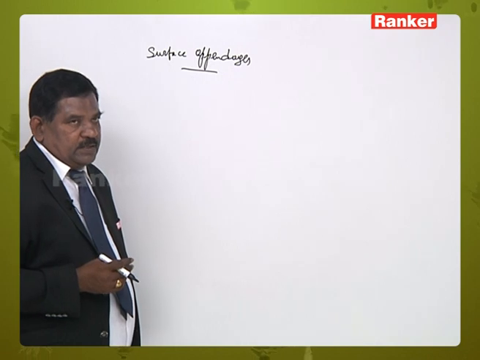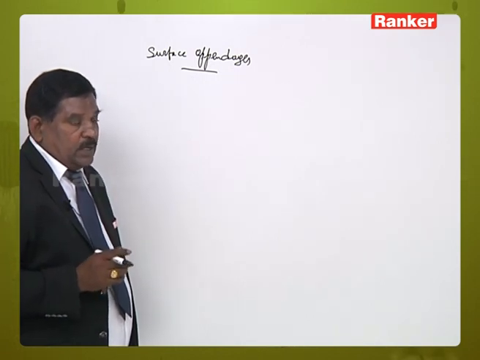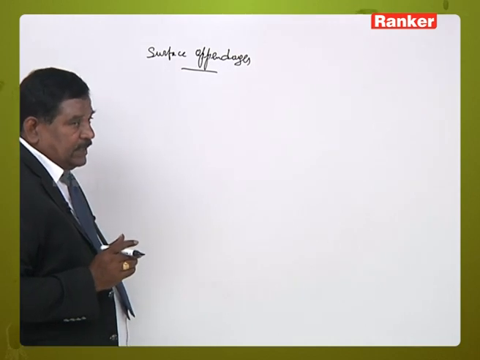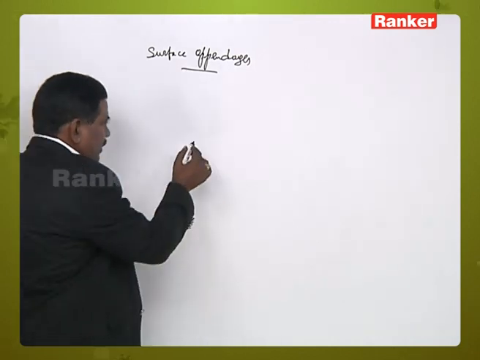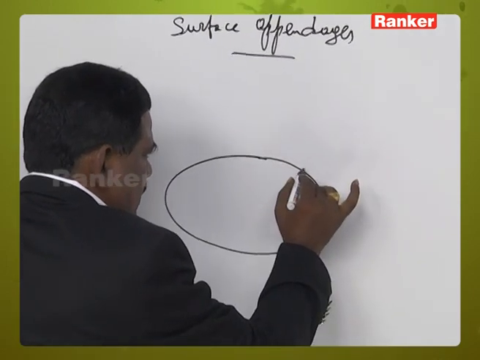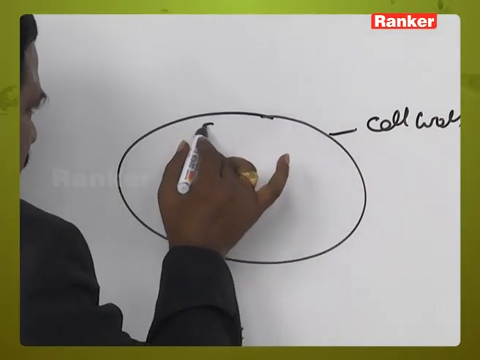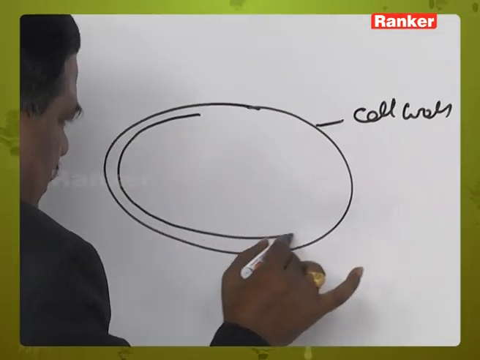Surface appendages: flagella, pili and fimbriae. All these surface appendages arise from the plasma membrane, not the cell wall.